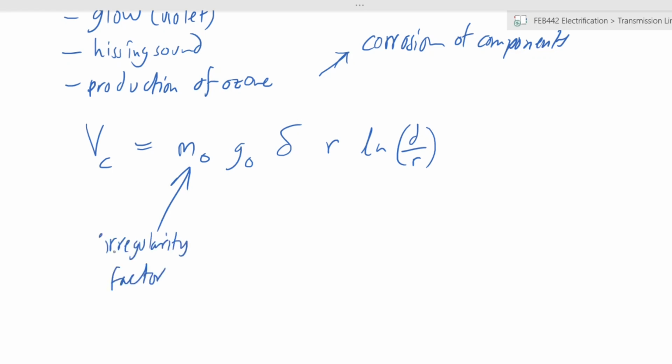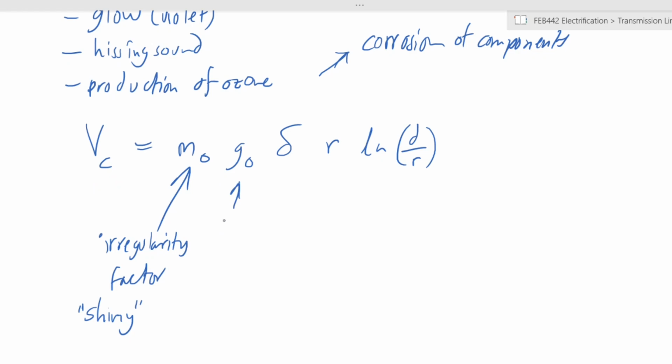The corona effect, or rather the critical voltage, is reduced in components that are more irregular. So in cables that are very shiny, the corona effect is less. The shinier it is, the higher the critical voltage; the more irregular, the more spikes and so on you have, it brings the voltage where corona can happen to a lower level.